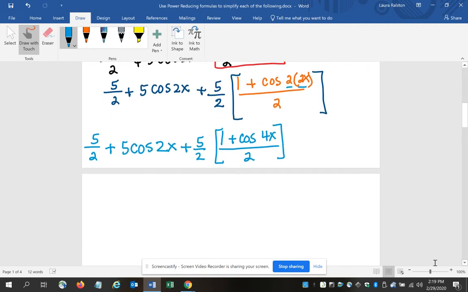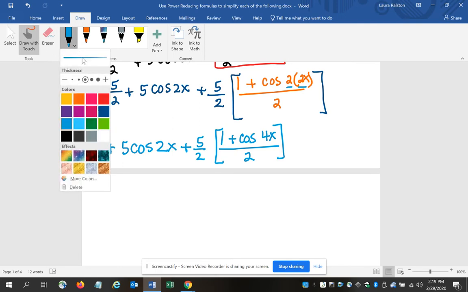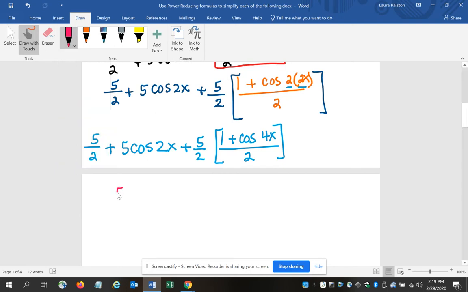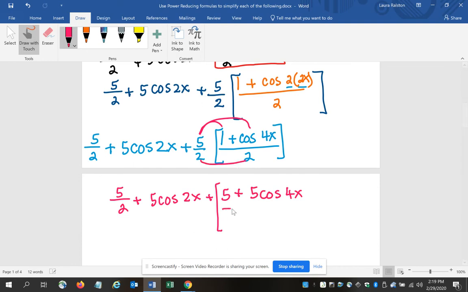I'm going to distribute the 5 halves, so that we have, let's see, 5 halves plus 5 times the cosine of 2x. 5 times 1 would give me 5. 5 times cosine 4x would give me plus 5 cosine 4x, and then in the denominator 2 times 2, so this whole thing would be over 4.